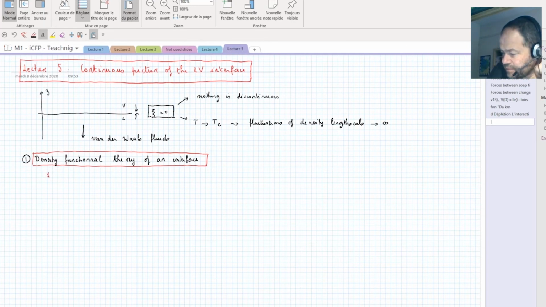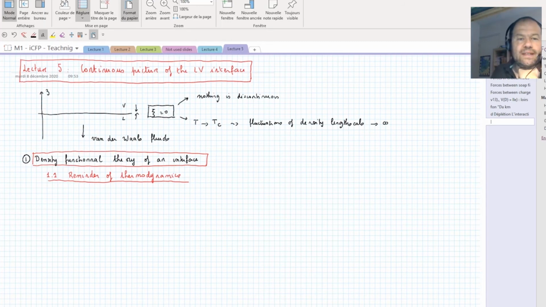And well, the fourth point is kind of a reminder of thermodynamics. This part is something that you know more or less, but I just want to say it again to make it clear.